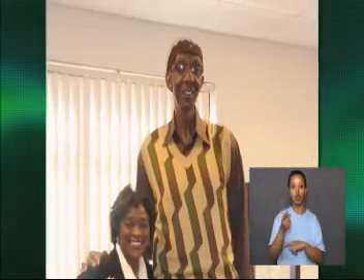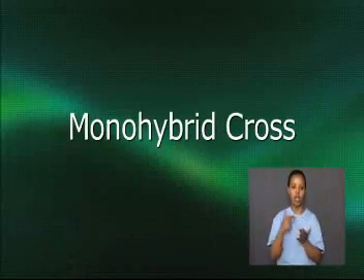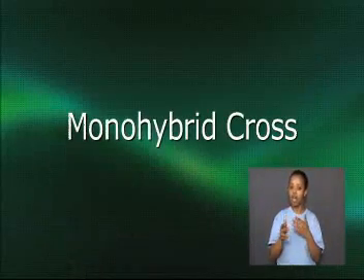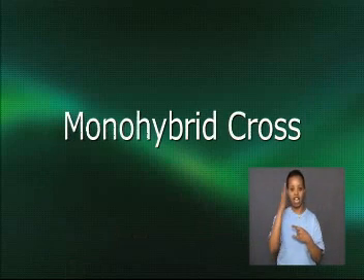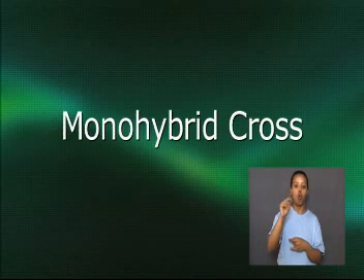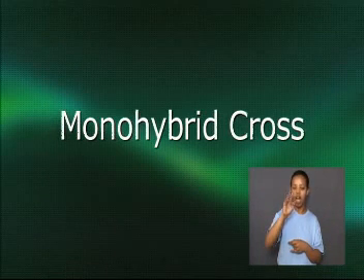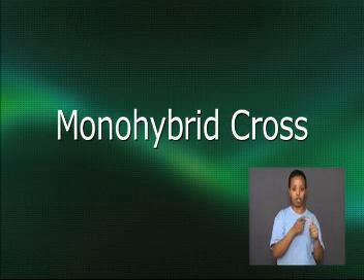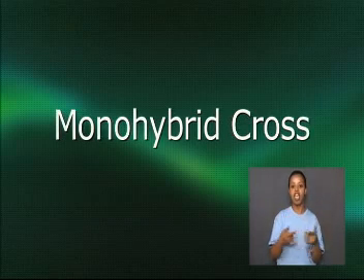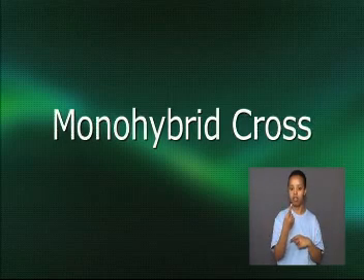That makes sense. The simplest way to predict the inheritance of a trait in an organism is to make a monohybrid cross. This term refers to a genetic cross or breeding that relates to just one trait or feature.